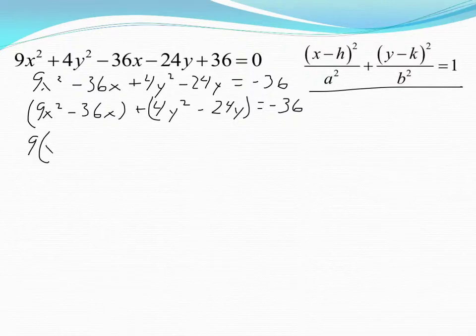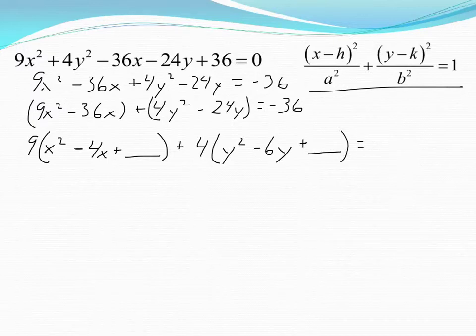So from the x terms, I'm going to remove the 9 and leave x squared minus 4x and leave a blank for the value to create a trinomial square, and take out the common factor of 4 from our y terms. And just like we did before, I'm going to leave some blanks, one on top of the other, for the values that we're going to add to the right-hand side to offset the addition that we do to the left-hand side. Now going back and looking at those x terms, what value would create a trinomial square?